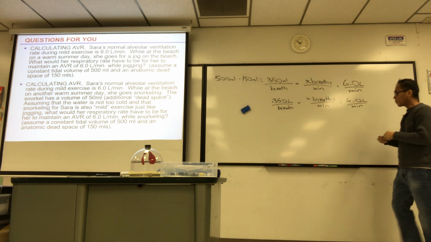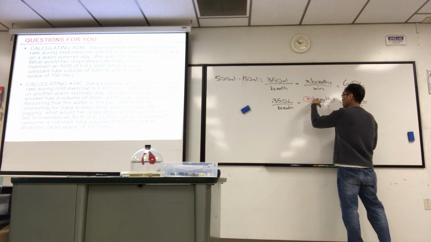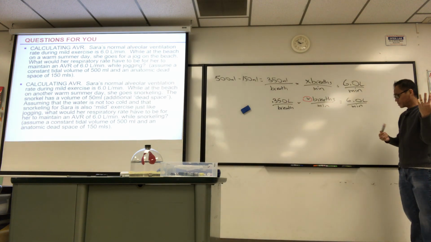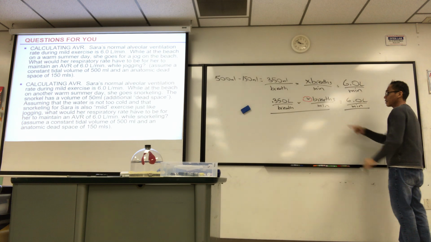Okay, so what are we solving for? X. We're solving for this right there, right? X number of breaths. So, I'm just going to do the simple algebra there. I'm just going to divide both sides by this figure here.